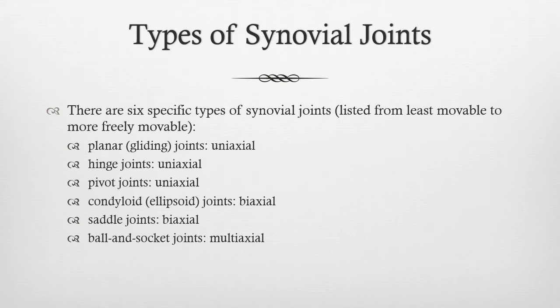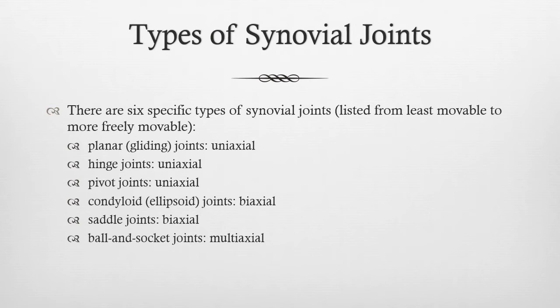Within synovial joints, the different types of uniaxial, biaxial, or multiaxial joints have individual names. We have planar joints, where the surfaces slide past one another, gliding along one another. We have hinge joints, which, as the name implies, are like a hinge and simply move back and forth. We have pivot joints, where we can rotate around a particular point. We have condyloid joints, which are biaxial joints.